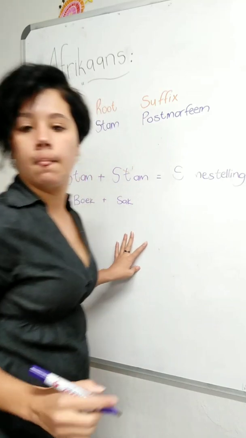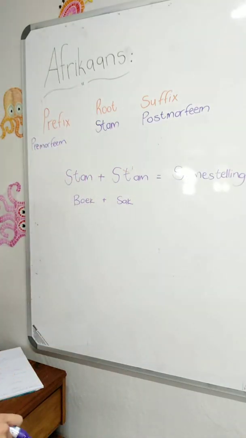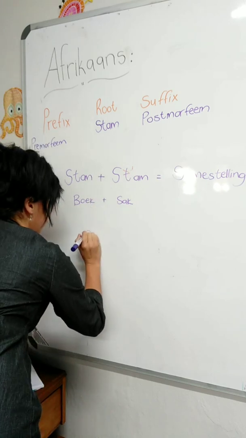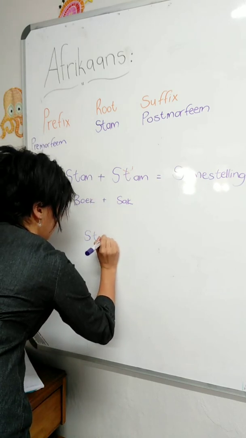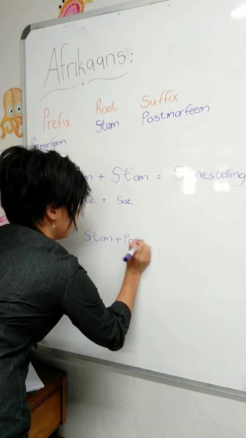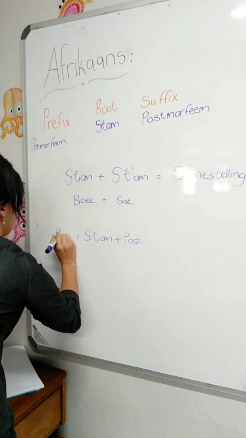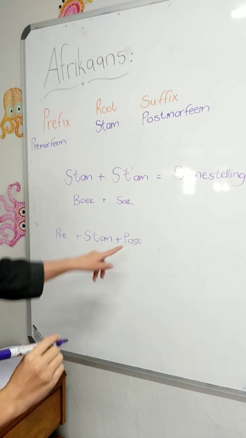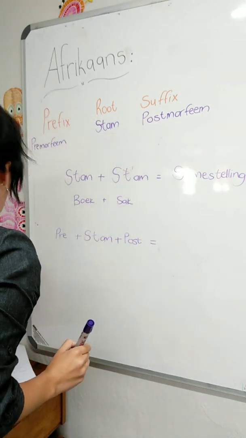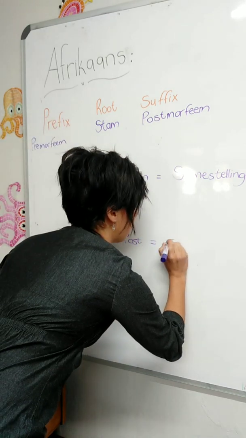Okay. Now, when we use a stam, a root word, plus a postmorfeem or a premorfeem, so a prefix or a suffix or both, then this we call an afleiding.